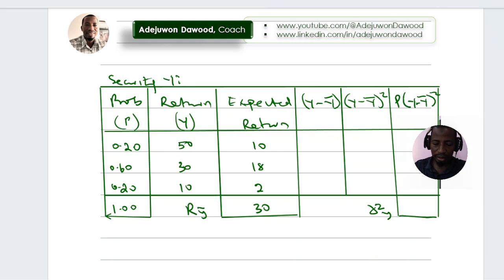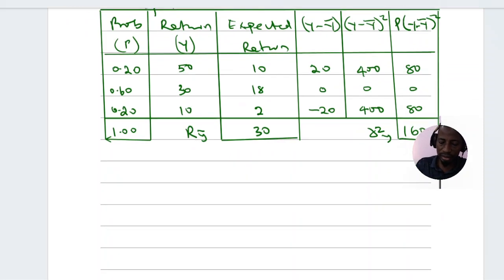So 50 minus 30 will give us 20. 20 squared will give us 400. 400 multiplied by 20% will give us 80. 30 minus 30 is 0. 10 minus 30 is minus 20. Minus 20 squared is 400. 400 multiplied by 0.2 is 80. 80 plus 80 is 160. So the variance of security Y is 160.